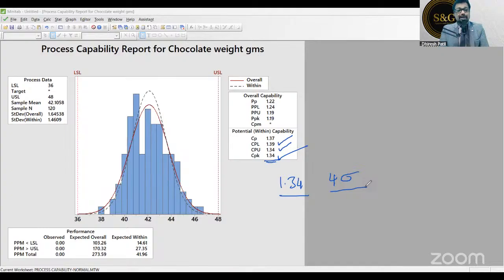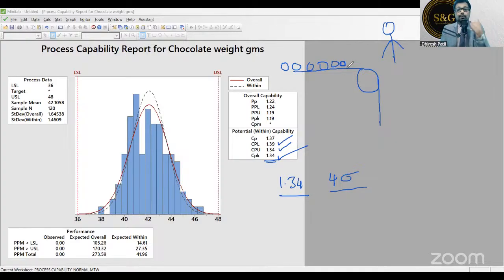Subgroup is what? It is a sampling strategy. Imagine there is a conveyor and the chocolates are being made. Now you are a quality person and you check 1 chocolate at a time.